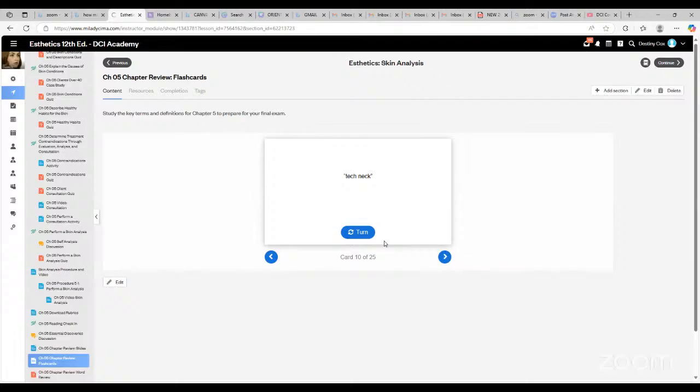Tech neck can be developed by always looking down at your phone or joystick. Literally, this term was only developed in the last couple of years. So with tech neck your clients could have spasms, you can have so many things going on when you move your neck because your neck has been down in your phone for so long, or on a device. Okay. And tech neck causes wrinkles in the neck area, y'all.